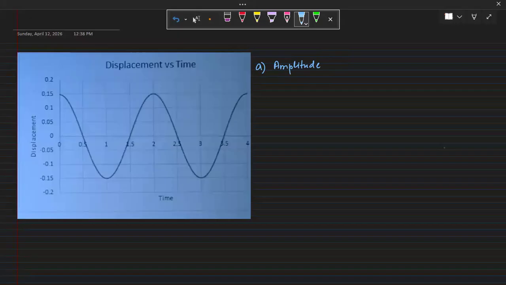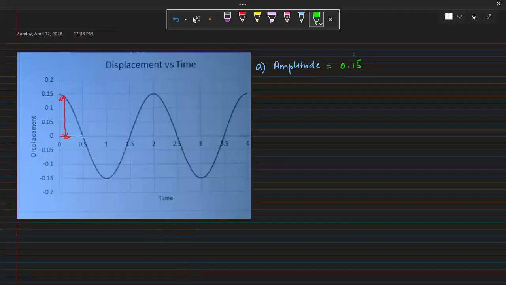So this horizontal line shows the reference line or baseline. From here, whatever distance is covered to the peak is going to be the amplitude, right? So the amplitude is going to be 0.15. Let me just double check. Yeah, okay, 0.15.